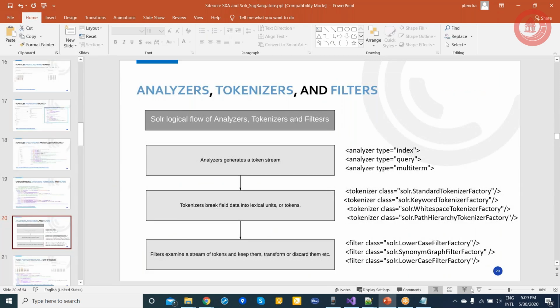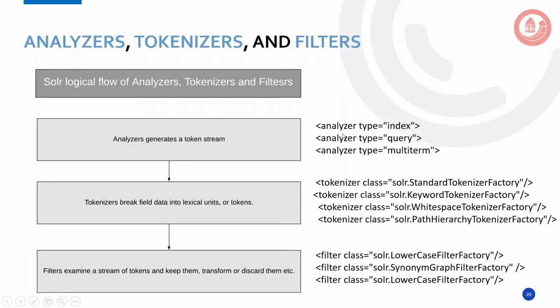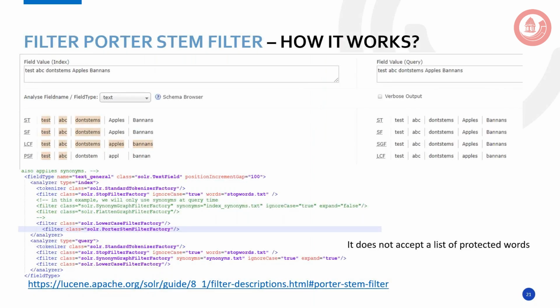So this is an example. You can see the analyzer would be index time, query time, and with the new feature you can put on the multi-terms. Whenever you insert any data in the index, it will analyze, then generate the tokens, then assign those tokens and discard and transform those tokens. So I just gave you a few examples of how the filter porter stemmer works.